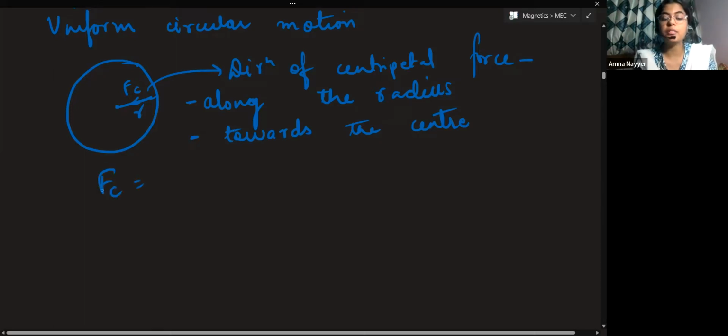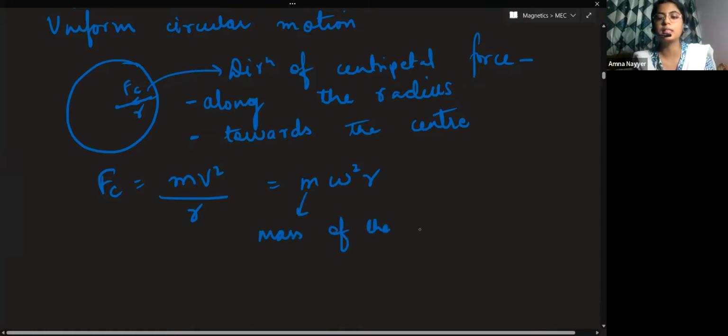Magnitude of centripetal force is given by mv square divided by r, which can also be written as m omega square r. Remember, where m is the mass of the particle, v is the velocity, r is the radius, omega is the angular velocity.